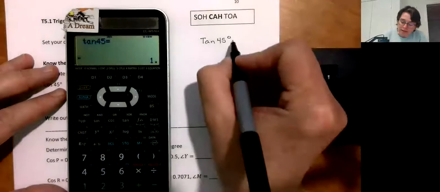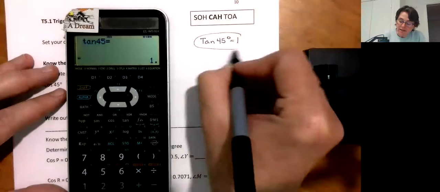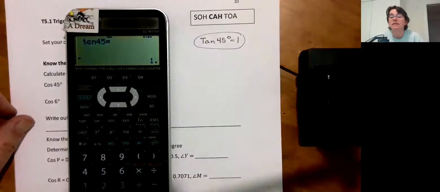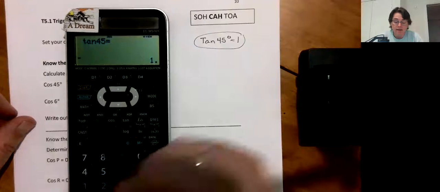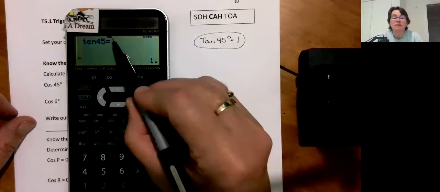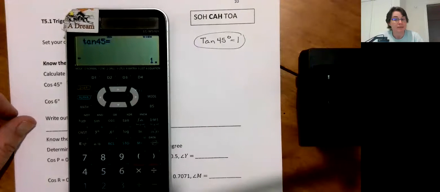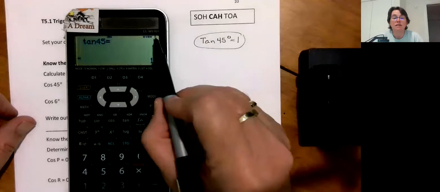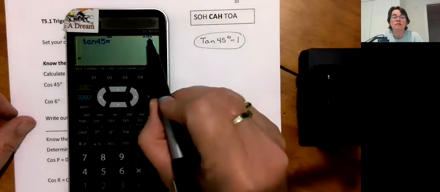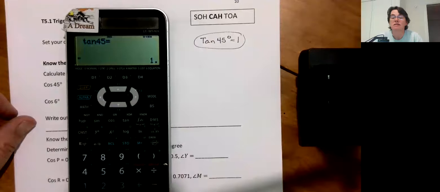If that is equal to 1, then you know your calculator is set right. If it's equal to something else, then it's probably in gradients or radians or something else, and you'll need to reset it. You can always find your manual online.